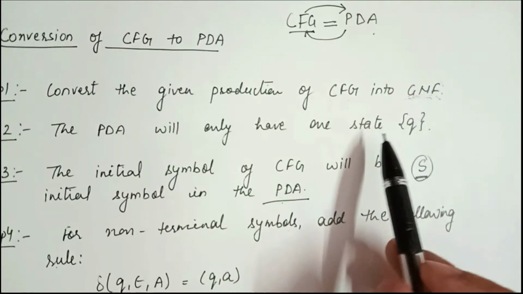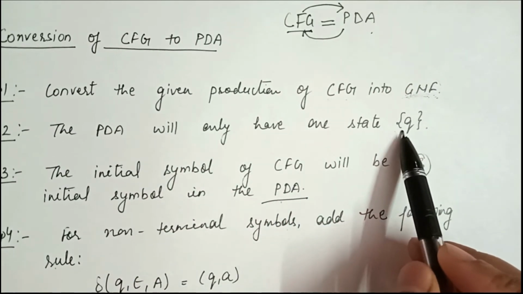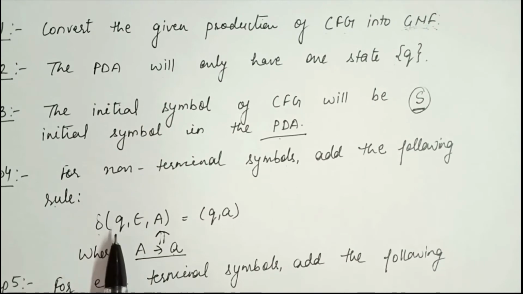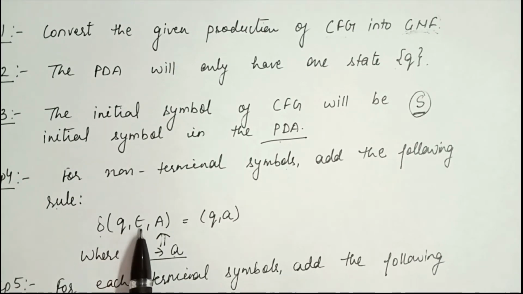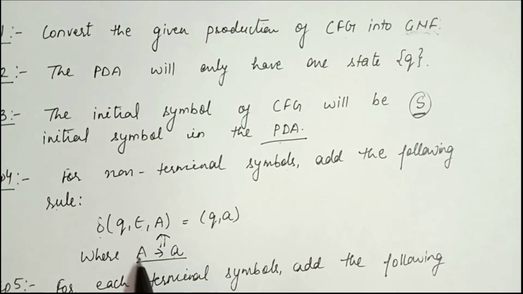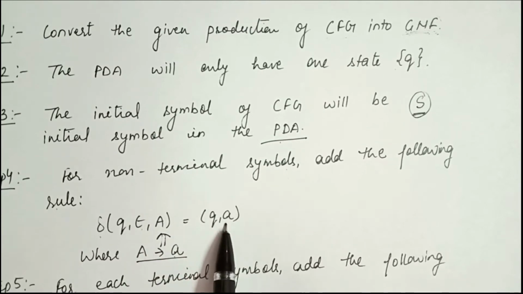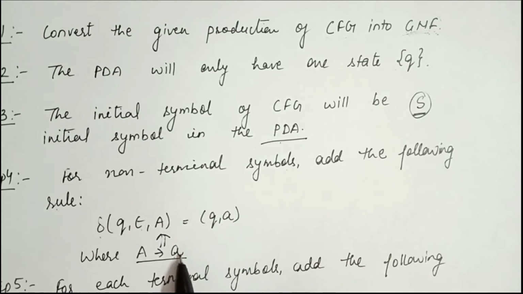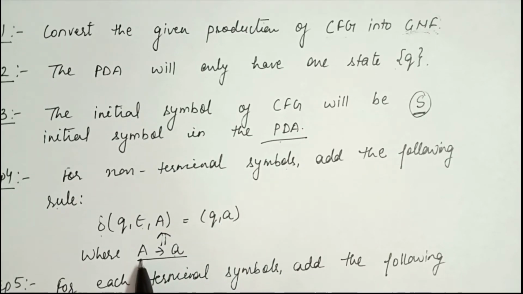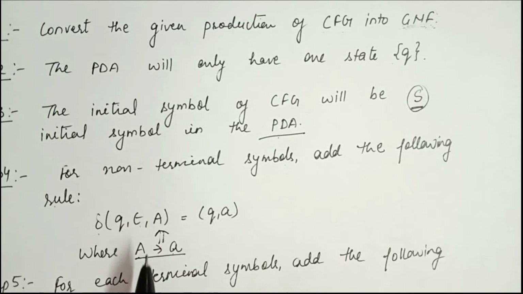Q is the PDA's only state. So this can be Q, epsilon. The left hand side of this production will be A, and it gives Q comma A, and this A will be produced by this non-terminal symbol. So for every non-terminal symbol we have to add the following rule like this.